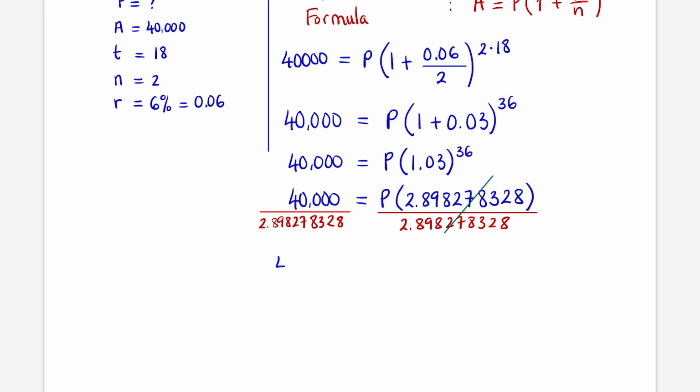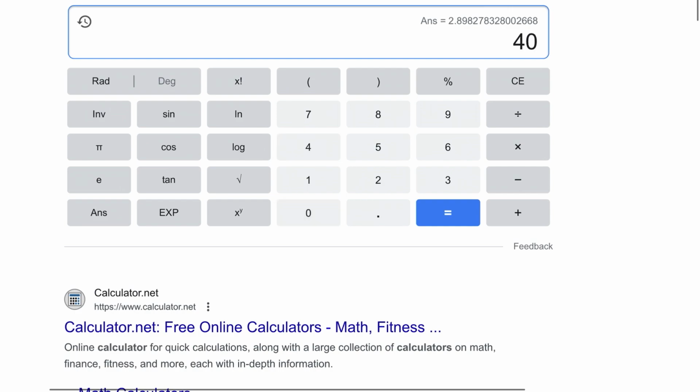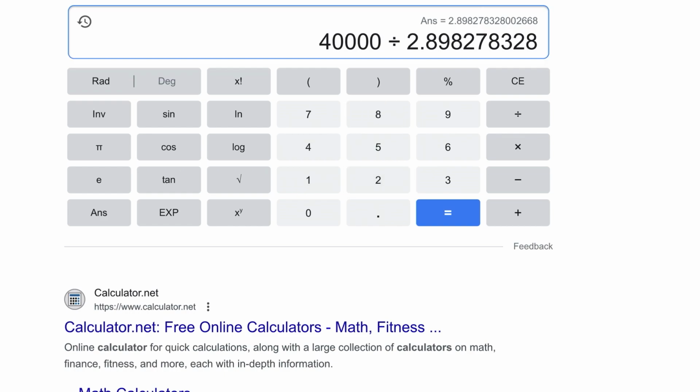I get 40,000 divided by 2.8982783828 equals P. And to find P, I'll take 40,000 divided by this number. 40,000 divided by 2.8982783828 equals, and this is my answer, 13,801.2970023.